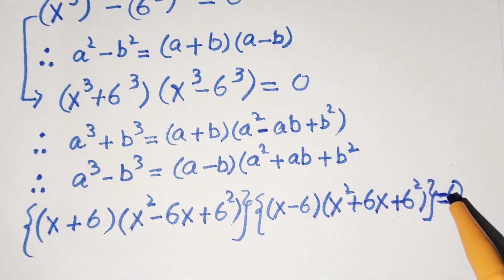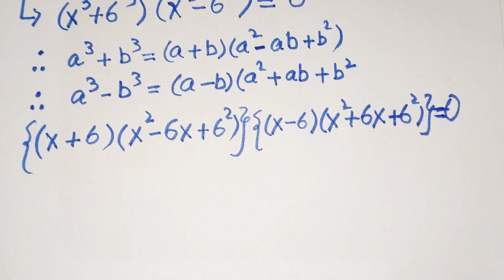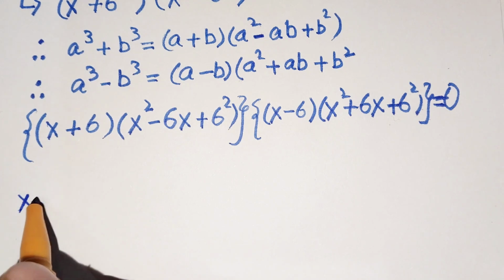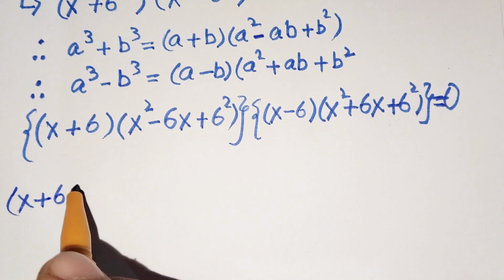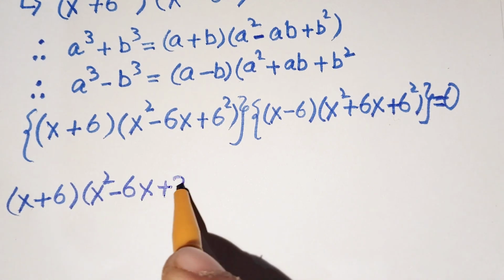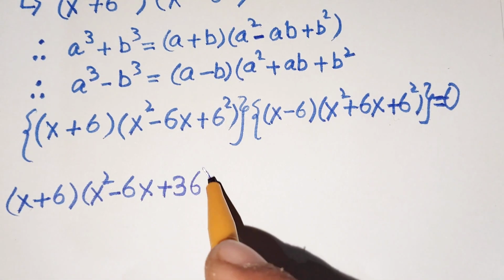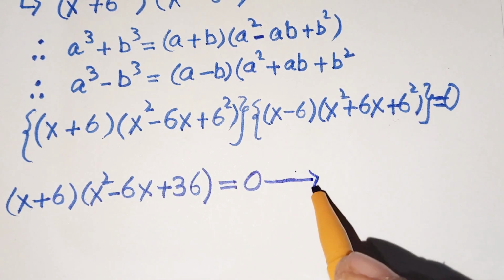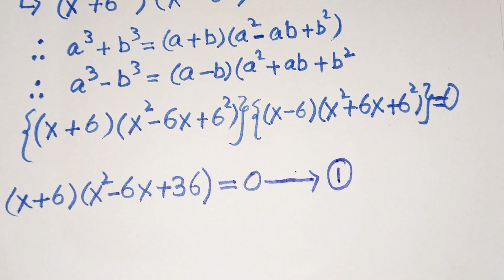So now we write it as x plus 6 times x square minus 6x plus 36, since 6 square is equal to 36, which is equal to 0. We call this equation number 1.